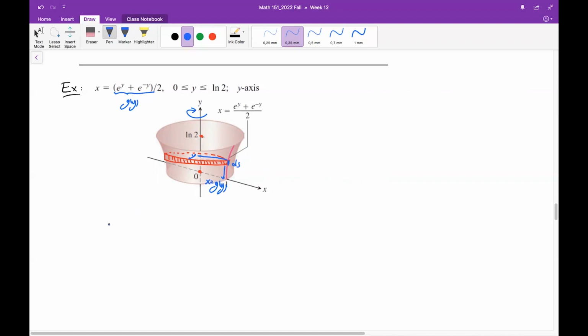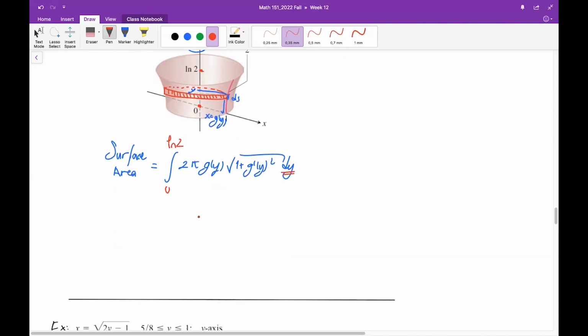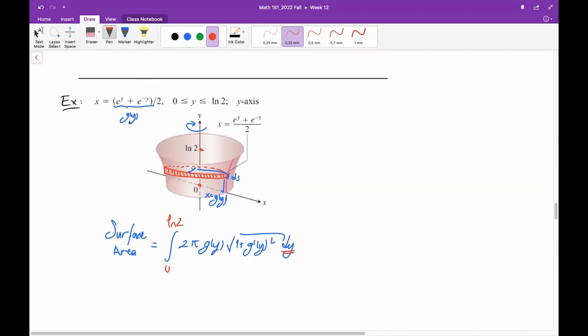So the surface area is expressed as the definite integral 2 pi g of y, everything is with respect to y here, times the square root of 1 plus g prime of y squared, dy. So from where to where, look at y coordinates. The boundaries of y are from 0 to ln2.